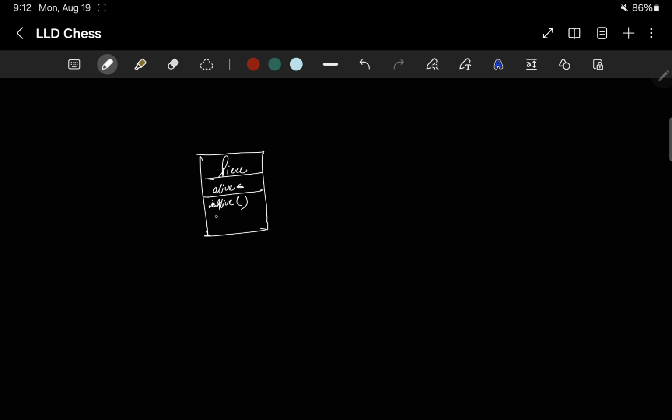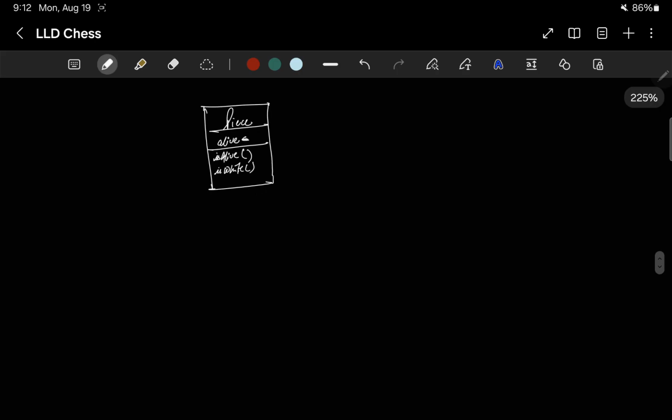Maybe something like get color, which can return white or black. But since we have only two values, white or black, we can do something like is white or is black. So this boolean will suffice for this, right? So this is a piece, this is the parent class.